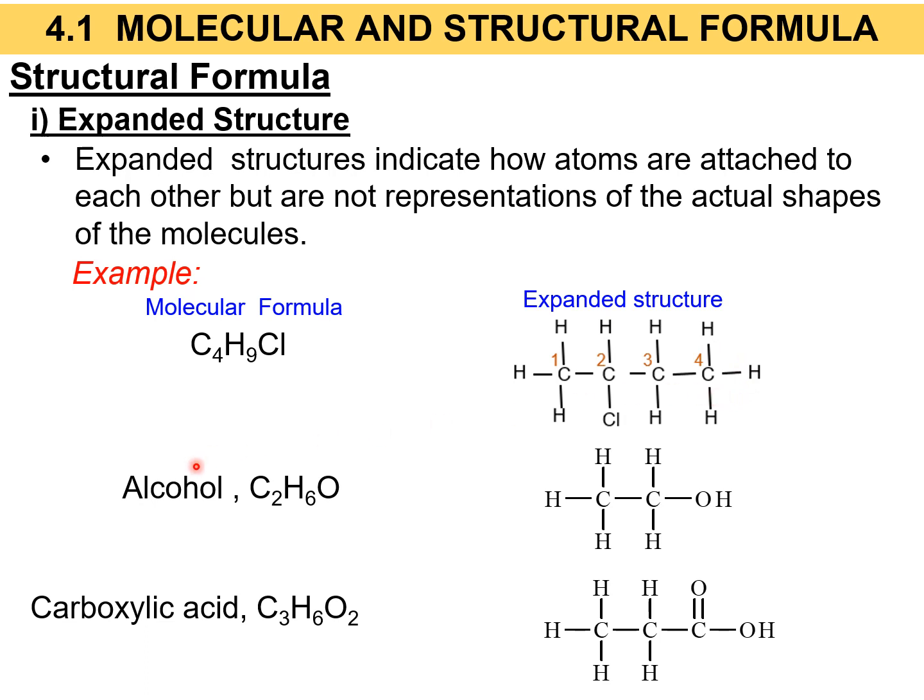Next is alcohol. Alcohol is C2H6O. Its functional group is OH. So you have to reserve one of the H's here as belonging to O. The way you draw the expanded structure will look something like this.